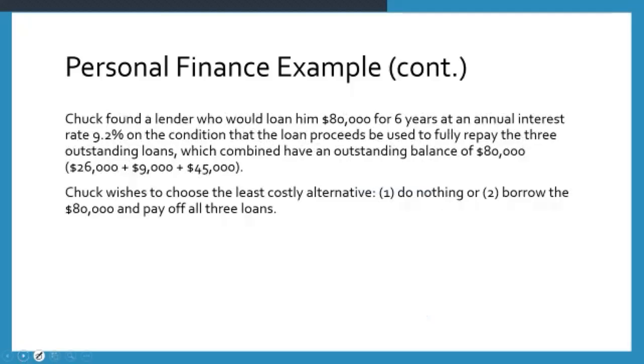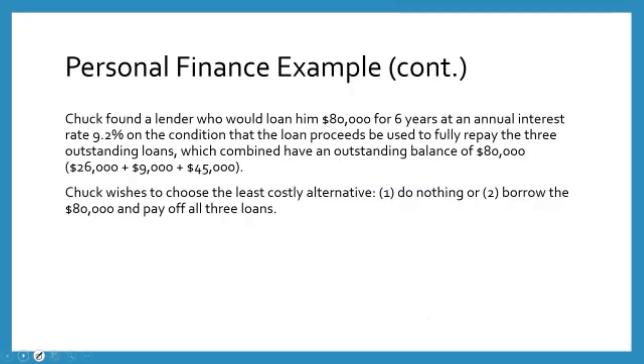Now, Chuck found a lender who wants to consolidate, sorry, not amortize, these loans. He found a lender who would loan him $80,000 to consolidate all these loans for the same 6 years, at an annual interest rate of 9.2%.